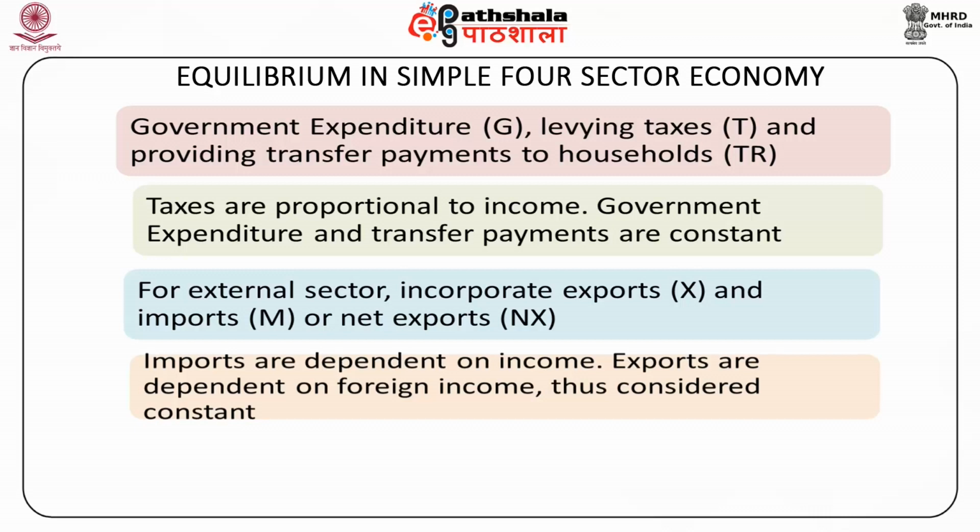In this model, it is assumed that M = M0 + mY, where m > 0. M0 is the autonomous demand for imports and the small m is the marginal propensity to import, a concept which is similar to the marginal propensity to consume or save. It captures the extent of increase in imports due to a unit increase in income.